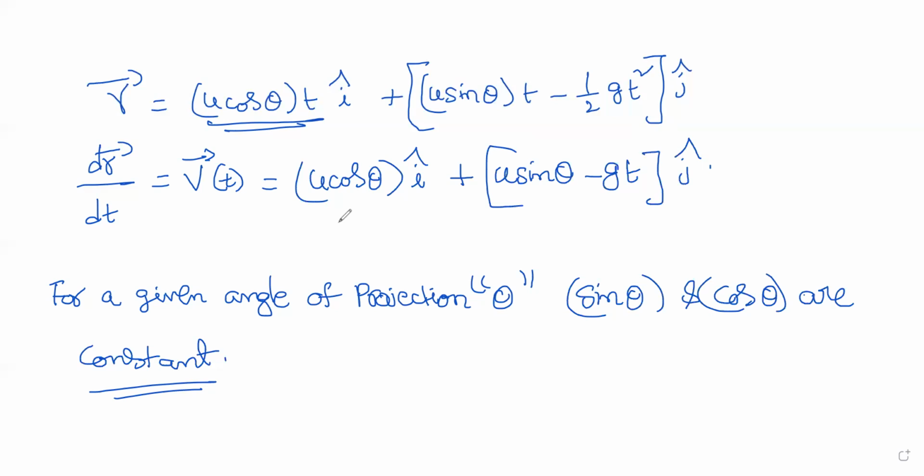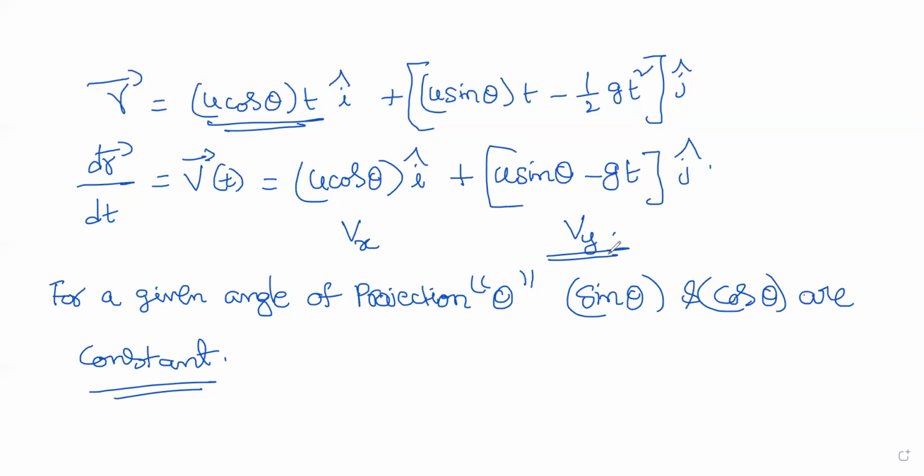This is my velocity vector in the x direction plus the velocity vector in the y direction. Once you have generated this, 90% of the problems can be solved if you have this velocity vector in hand. I'll discuss some of the problems here.